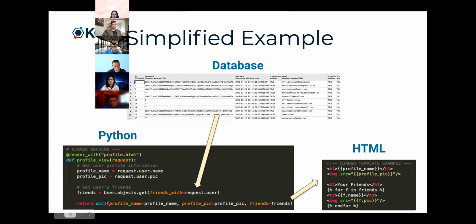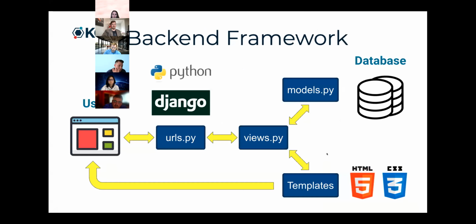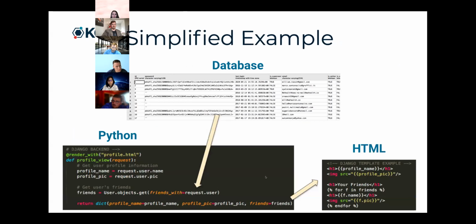And then this return dict is basically saying these are the variables that I want to insert into my HTML template. So we just talked about how I get data from models, but then we also need to put that into my HTML template for the user to see.